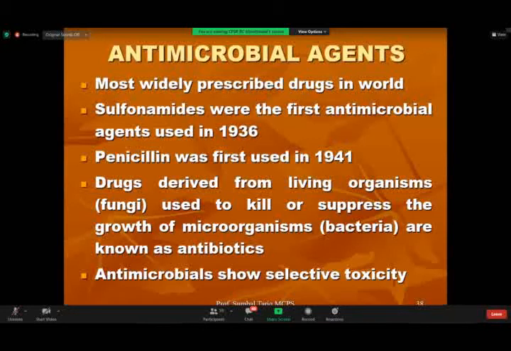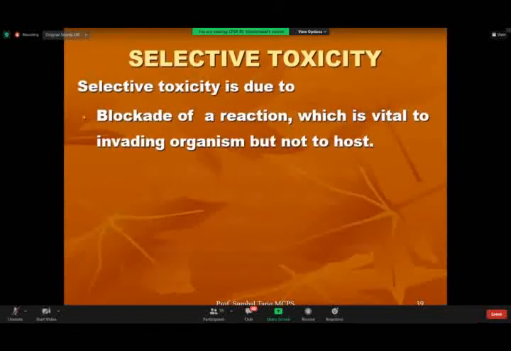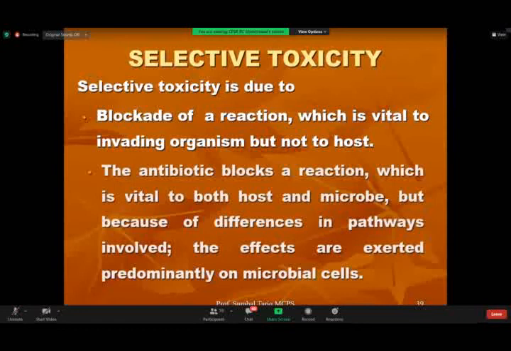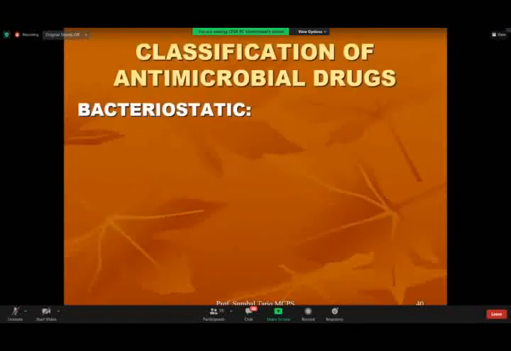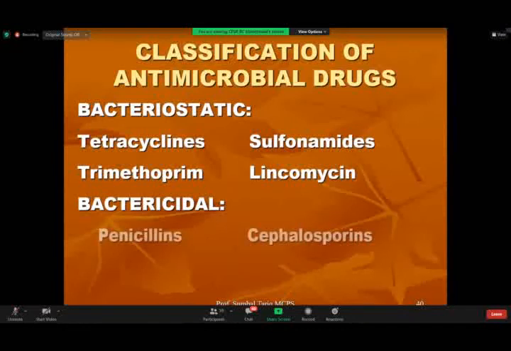And lastly, but most important, you should also in chemotherapy know about the cytotoxic drugs. तो antimicrobials की अगर सिर्फ मैं बात करूं तो उसमें they show selective toxicity and they have a specific mechanism of action. And let's talk a little about the mechanism of action and how we can stop infections.